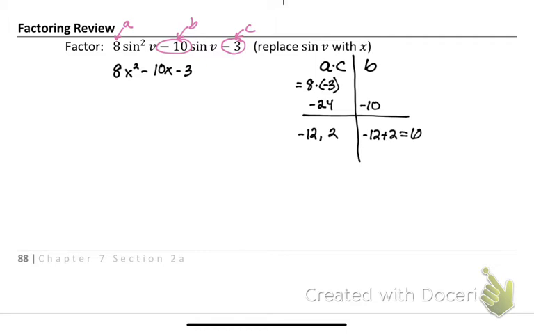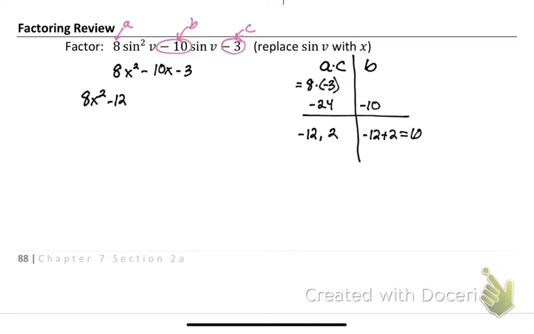Now, the reason we did this, negative 12 plus 2 equals negative 10, is that we're going to use this to split this apart. That's the whole point of making sure it equals negative 10. So we're going to rewrite this equation as 8x squared, and it doesn't matter if you put the negative 12 or the 2 first.